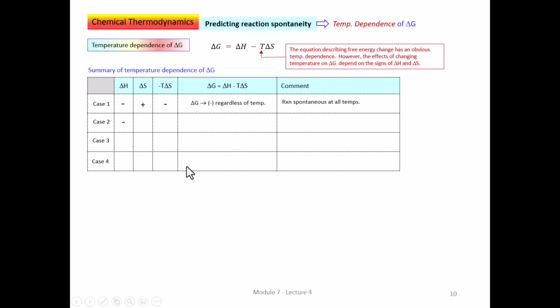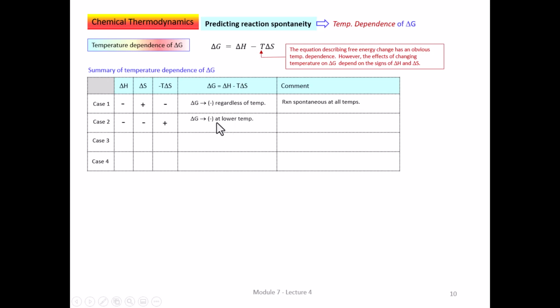How about if we look at a different case where deltaH is negative, but delta S is negative also, which means that the minus T delta S term would be positive. Well, here, deltaG could be negative at lower temperatures. So again, deltaH is negative, the minus T delta S term is positive, so what you want is T to be as low as possible. So at lower temperatures, it's possible that the minus T delta S term will not be positive enough to overcome the negative deltaH.